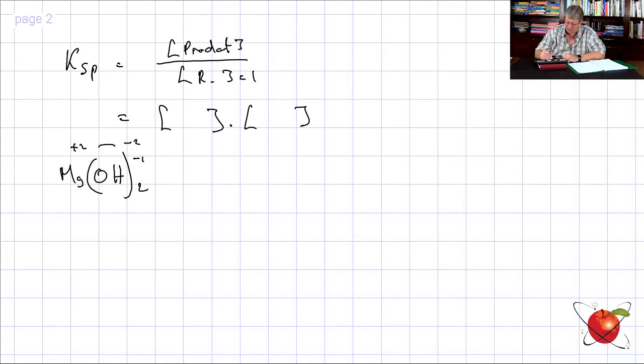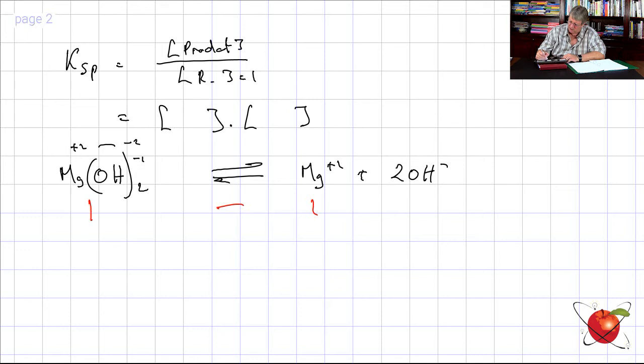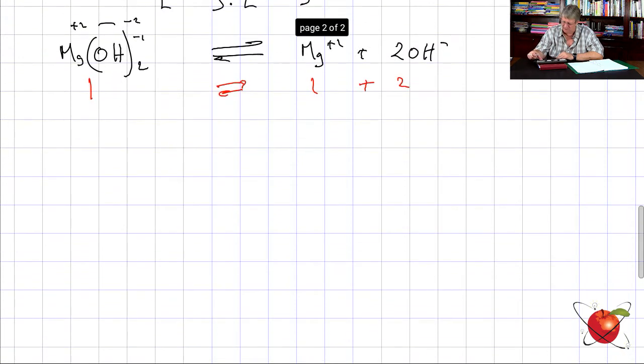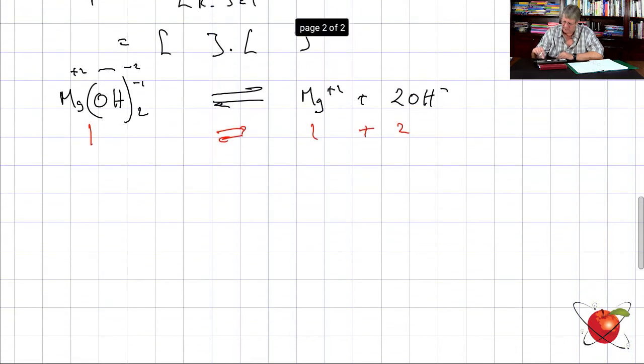And we put that in water. I'm just writing the ionic equation now. That is going to go to Mg2+ plus 2OH-, is it not? Whenever we've got an equation, we write 1 goes to 1 plus 2. Which means, if I write the expression of mass action for this, what are we going to get?